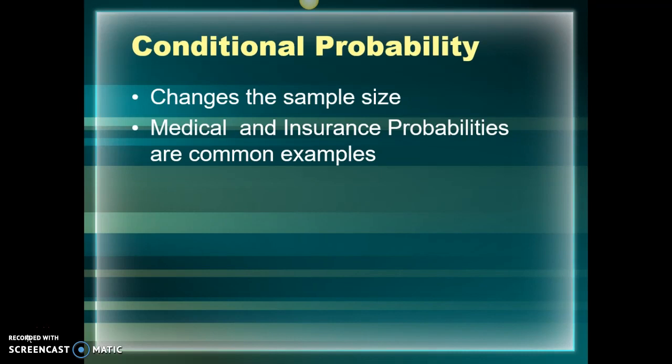Rather than looking at everybody that has characteristics of myself, now we're only looking at the sample size of the people in my family. And since we are narrowing down, making the denominator much smaller, the probability increases.